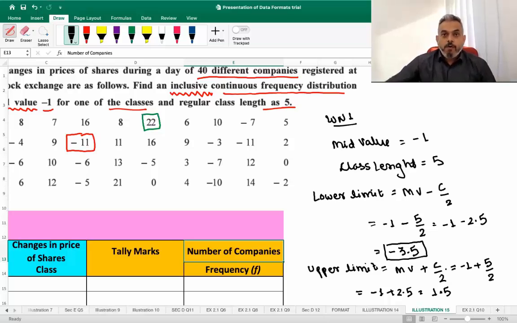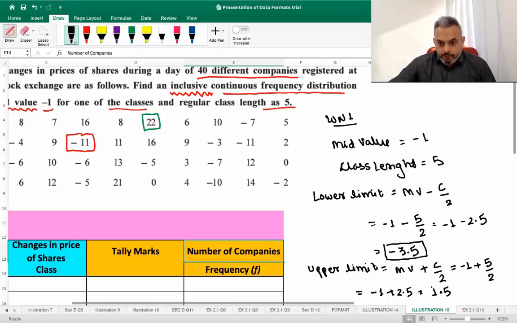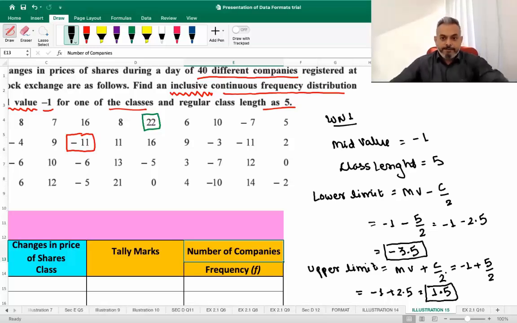Now we got the upper limit and we got the lower limit.